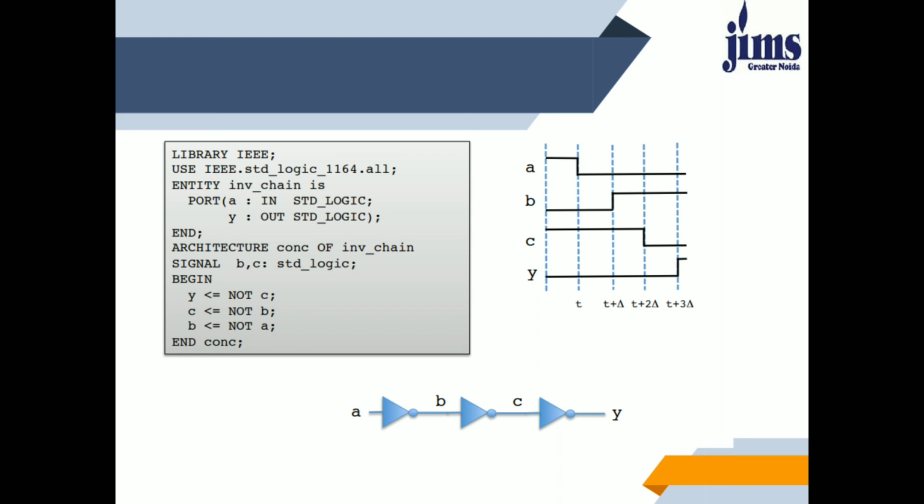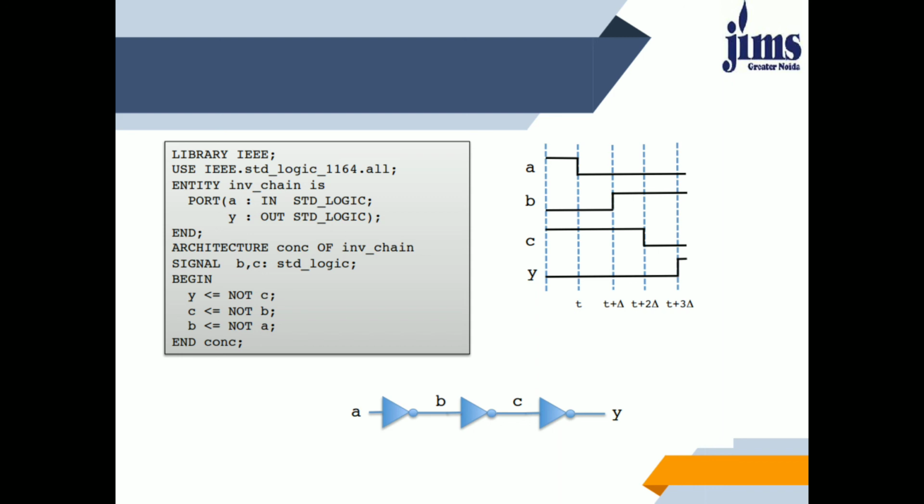These outputs we get at time t plus delta, that means the first inverter generates a delta delay. Then the output of B is generated after twice the delta delay because of two inverters. Then C generates output Y, which gives thrice the delta delay to the input. So in this way we can write using delta delays.